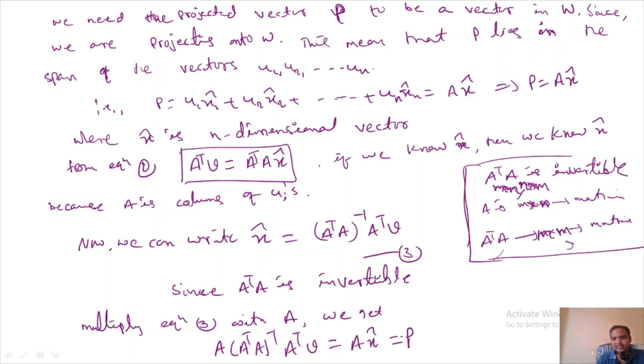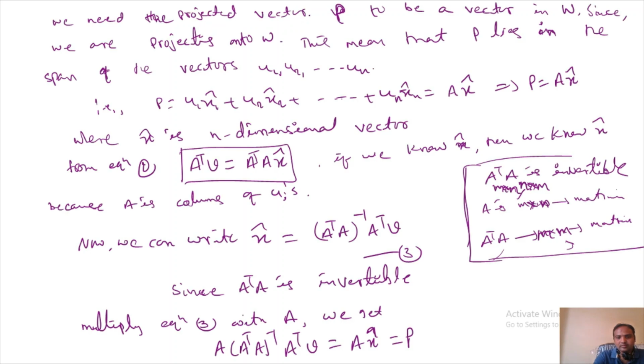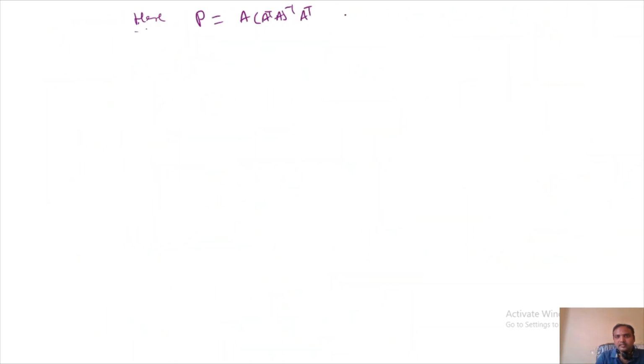This is the same as P. That means A x hat is the small p. Therefore, capital P equal to A (A transpose A) inverse A transpose is the projection matrix.